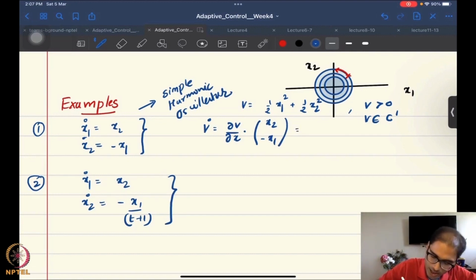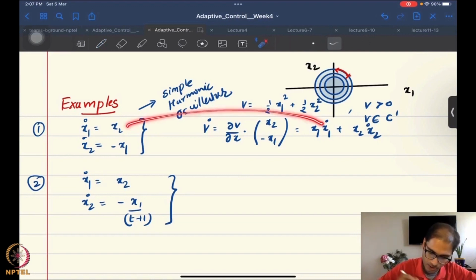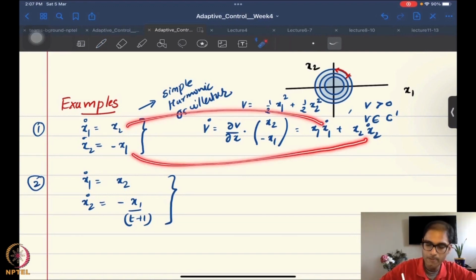In fact, I don't do it with this formula, and I don't recommend you do it with the formula either, because if I just take the derivative using the standard product rule, it becomes x1 x1 dot plus x2 x2 dot. I just substitute for x1 dot and x2 dot from the dynamics.